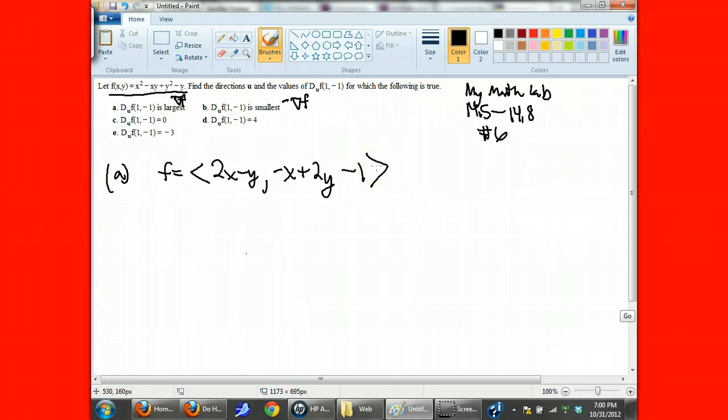Okay, that's the gradient of f. The directional derivative is going to be largest at a given point. I didn't see that. At (1, -1). So we take this and evaluate it when x is 1 and y is negative 1: 3, negative 4.